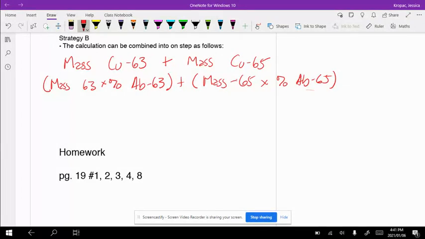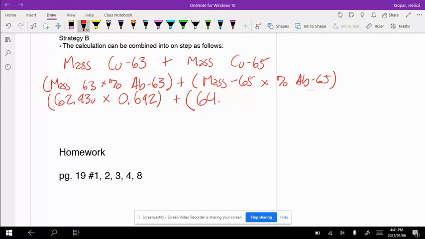Now we want to fill in what we know. We know exactly what the mass of copper 63 is. It's 62.93 U, and we're going to multiply it by the abundance, which is 0.692, with brackets around it. We know what the mass of 65 is. It's 64.93 U. Wrote that backwards, didn't I?